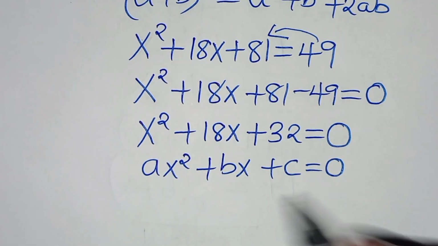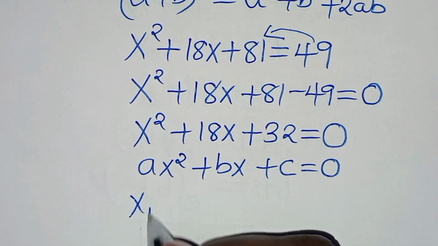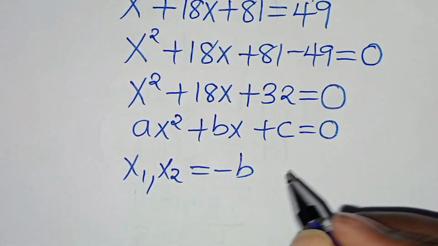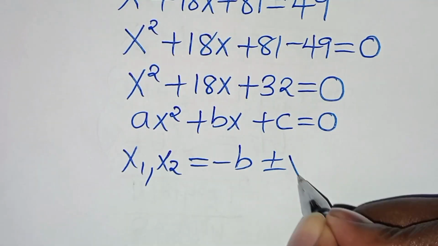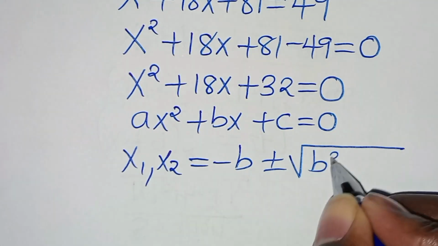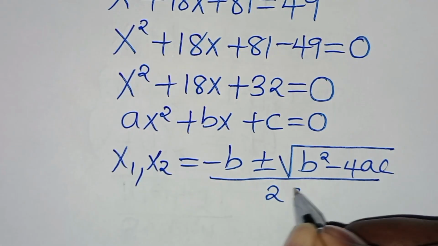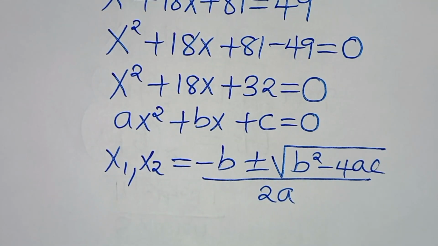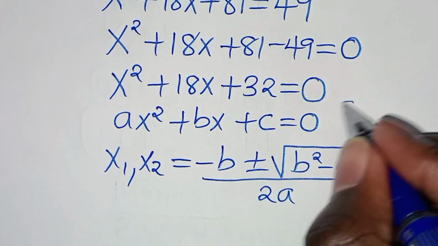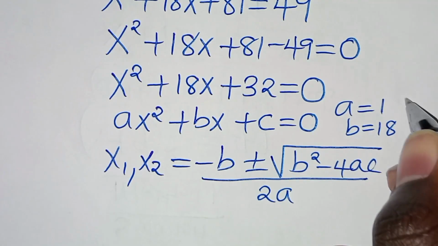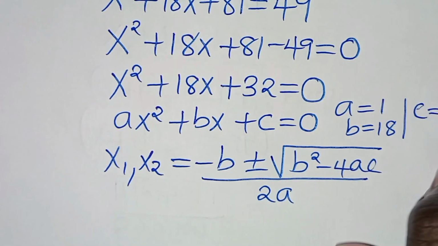So from here, we can solve for x1, x2 by applying the quadratic formula, that's x = (-b plus or minus the square root of b^2 - 4ac) over 2a. From this quadratic equation, a is equal to 1, b is equal to 18, and c is equal to 32.